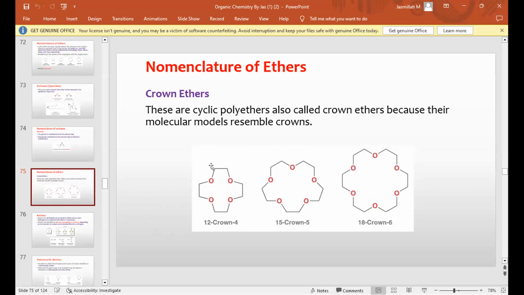Let's say we start our counting from here. 1, 2, 3, 4, 5, 6, 7, 8, 9, 10, 11, 12. So this is where the 12 comes from. Crown 4, because of the structure. Similarly to these other ones, you can start counting from any of the oxygens.